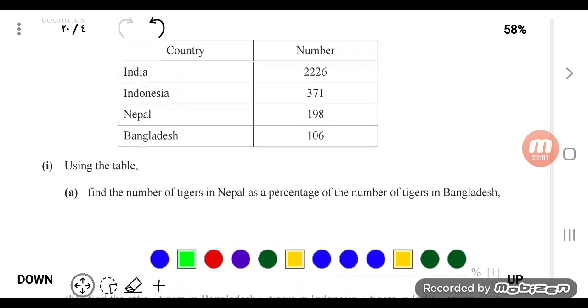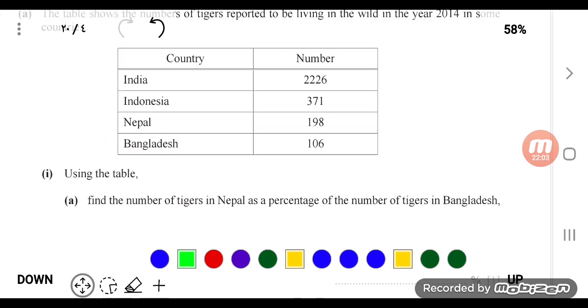So this is very easy. Number of tigers in each one is given to you. You just need to find the percentage. So if you go to the table, find the number of tigers in Nepal as percentage of number of tigers in Bangladesh.